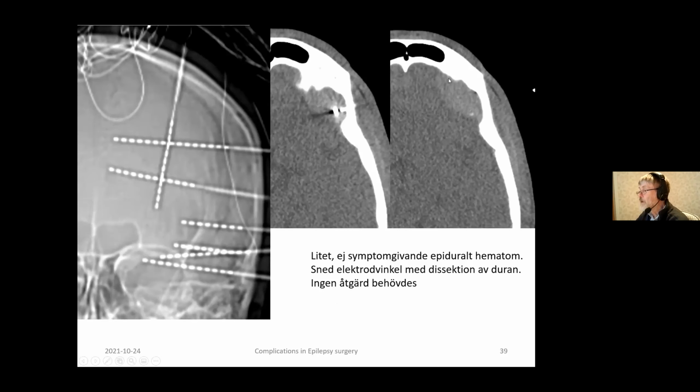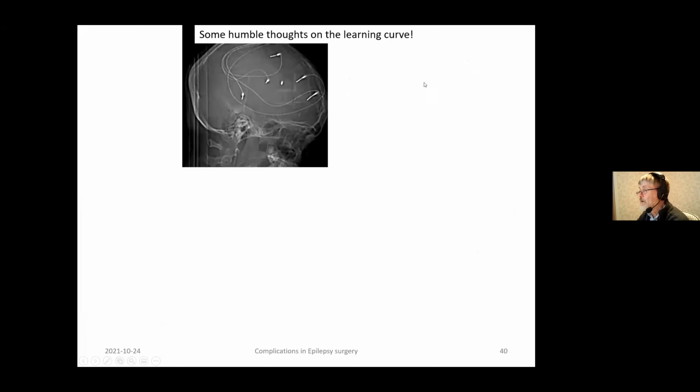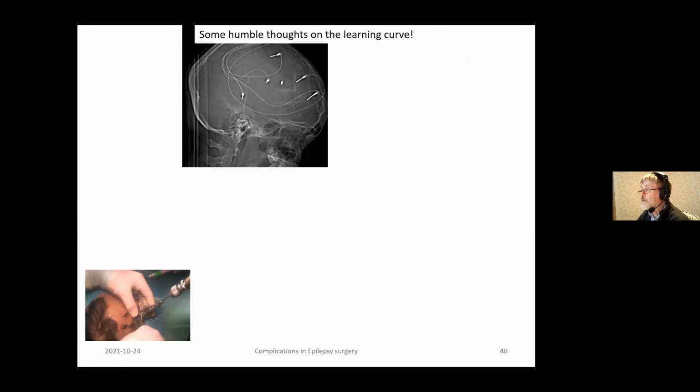Of course, this small epidural hematoma didn't cause any damage, and it was just observed on the control CT scan. But I think this is also interesting. I will try, in a humble way, to present the learning curve.